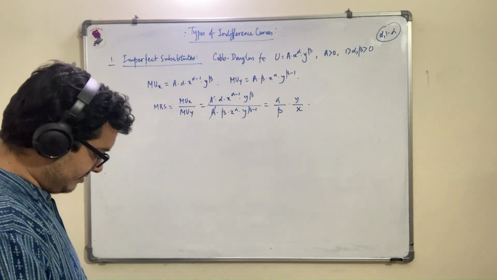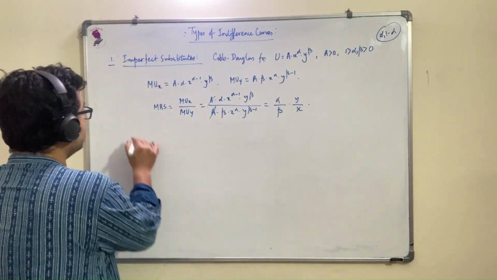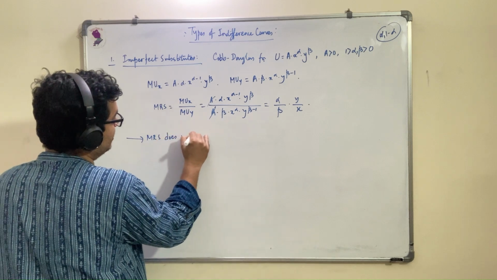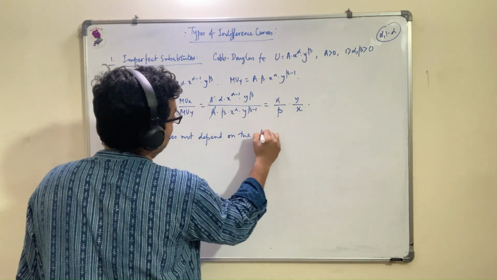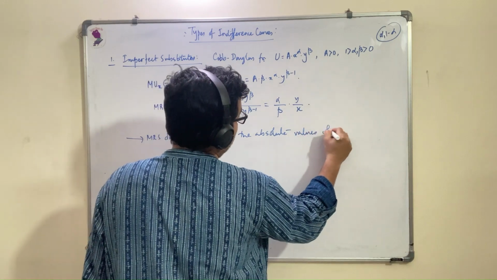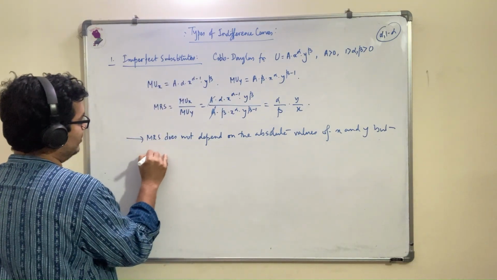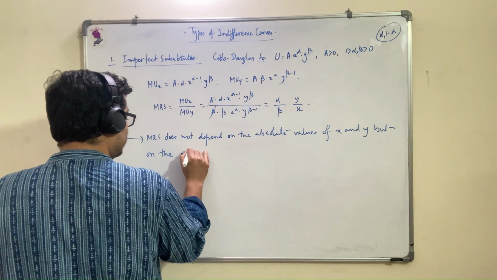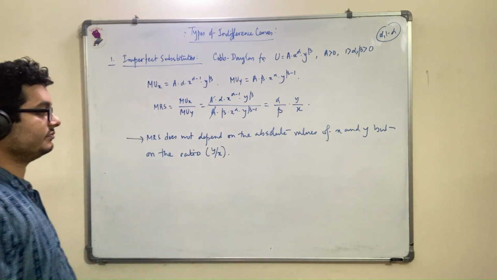So this is the one property that we should study with respect to MRS, and that property is that MRS does not depend on the absolute values of x and y, but on the ratio y by x. Okay.